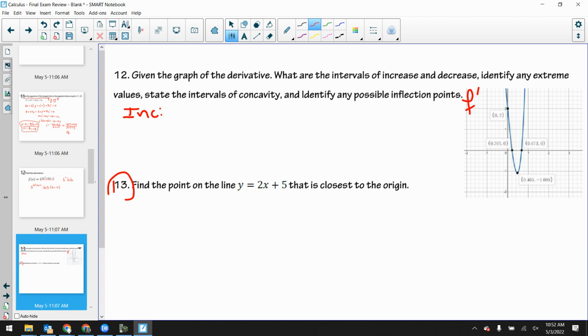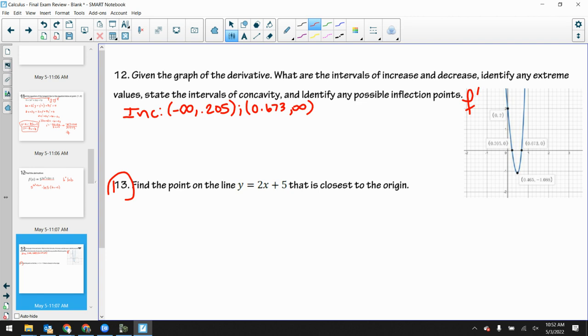So it's increasing from negative infinity all the way into 0.205. It is also increasing from 0.673 to infinity. Because that's everywhere where it is above the x-axis.